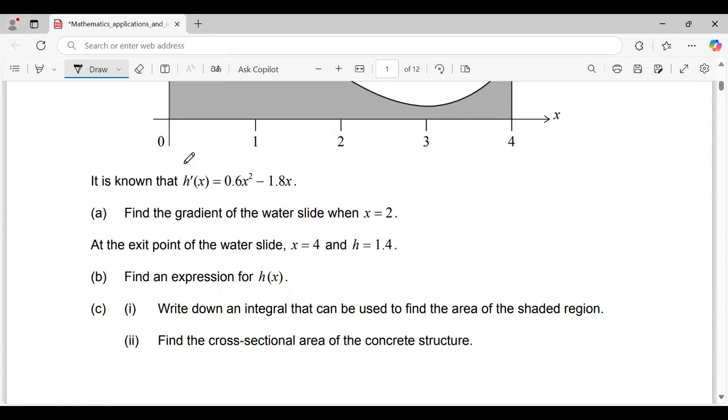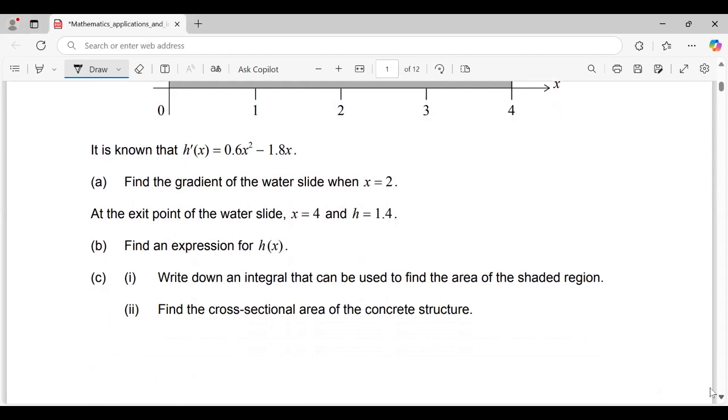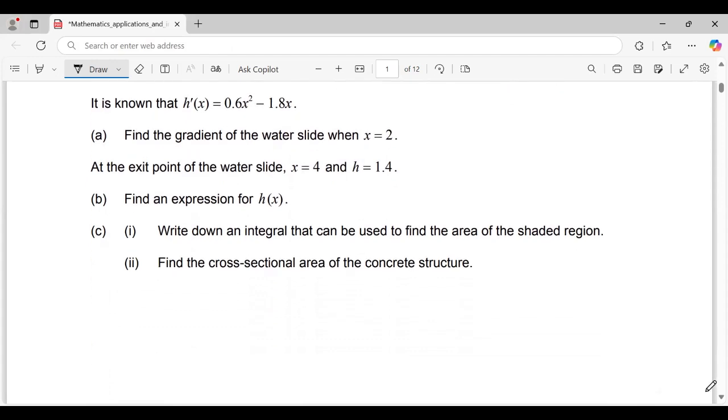It is known that derivative of h(x) equals 0.6x squared minus 1.8x. Find the gradient of the water slide when x equal 2. So just substitute x equal 2 into this equation. 0.6 times 2 squared, minus 1.8 times 2.